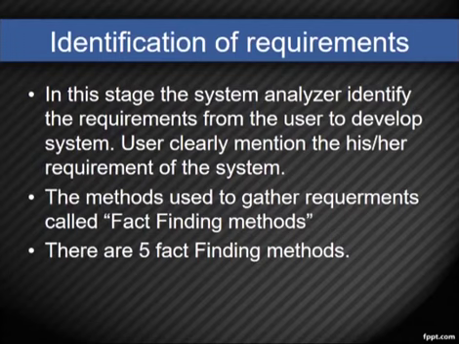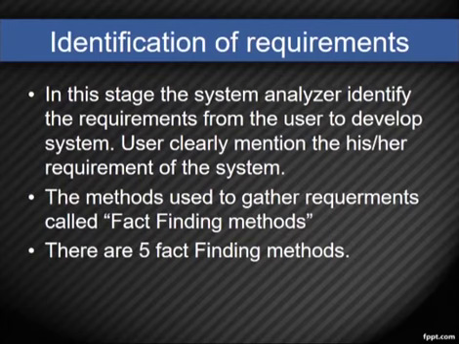From the requirements, we can have an idea about what the system is, what the requirements are, and what the specifications of the system are. Sometimes the user can't understand what their requirements are, so we have to use another method to get the requirements from the user. There are many methods to gather the information, called the fact finding methods.